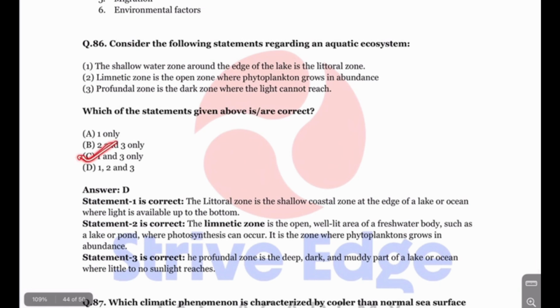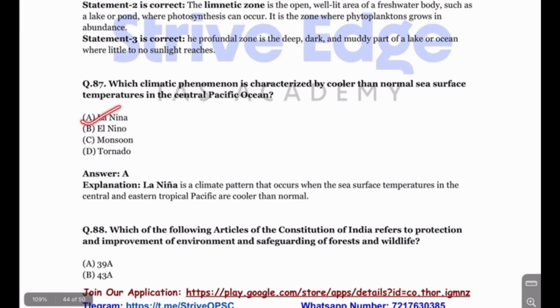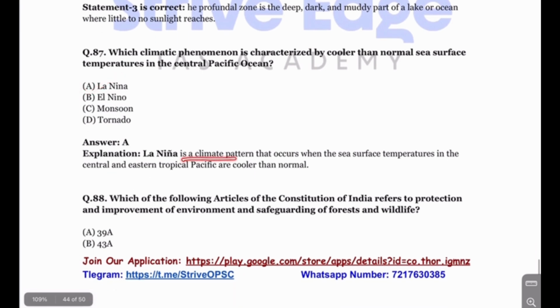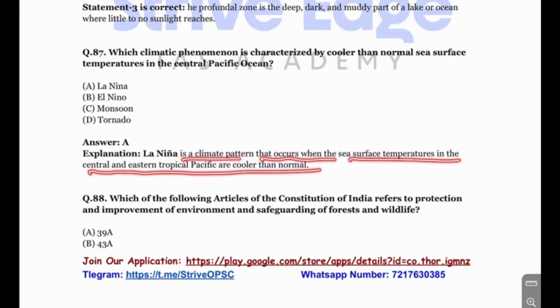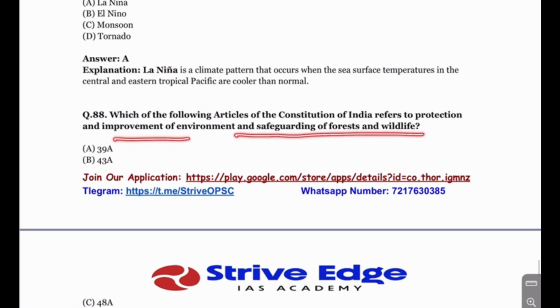Okay, so which climatic phenomenon is characterized by cooler than normal sea surface temperature in Central Pacific Ocean? So it is La Nina. La Nina is a climate pattern that occurs when sea surface temperature in the Central and Eastern Pacific Ocean is cooler than normal. Okay, the next is, which of the following articles of the Constitution of India refers to protection and improvement of environment and safeguarding forest and wildlife? It is Article 48A.